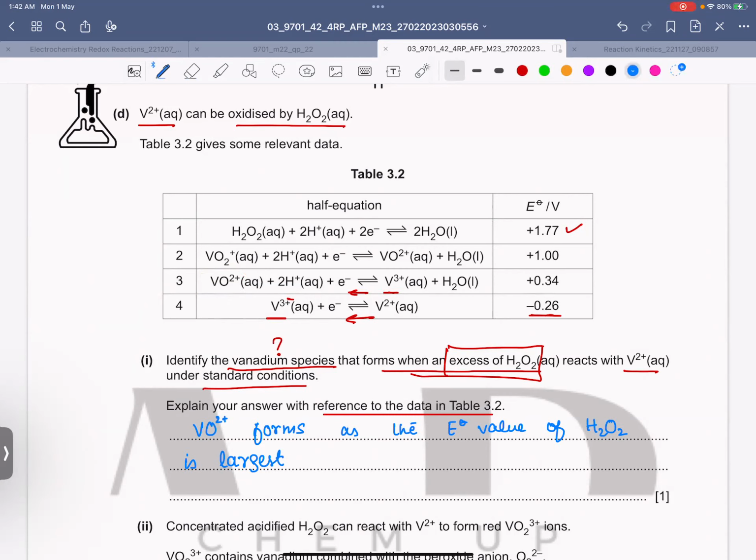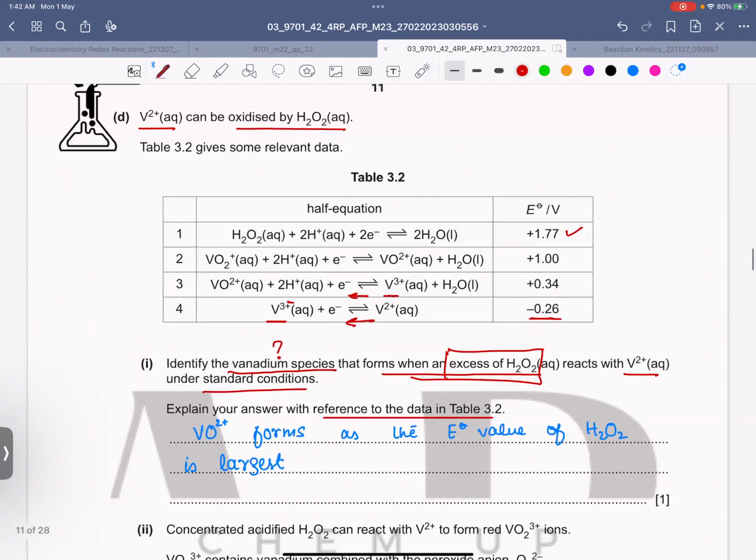So it would react, furthest is largest. See, its value is greatest among all these. So we have started from V2 positive and it's an excess. Hydrogen peroxide is in excess. So first V2 positive oxidizes to V3 positive. And if you see in the third equation, V3 positive oxidized to VO with a 2 positive charge, as its value is smaller.